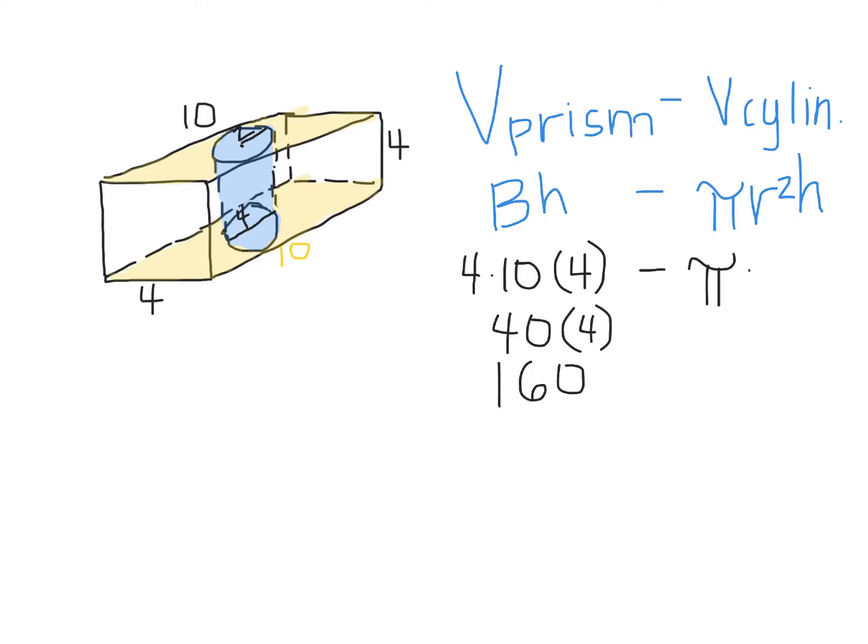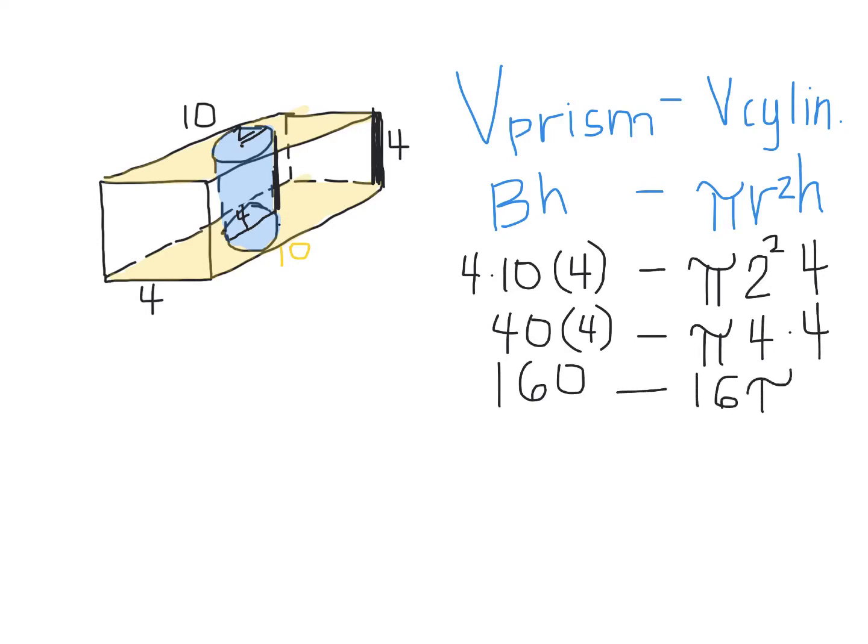Okay, so if my radius is 2, I have 2 squared, and then the height would be the distance between my 2 circular bases, which is 4, and we're getting that 4 from this side of the prism. This side of the prism is going to match up with the distance between these 2 circles right here. So we have minus pi, 2 squared is 4, so 4 times 4 is 16.